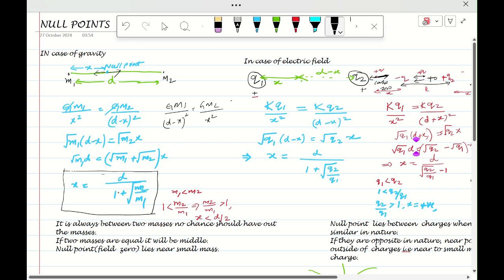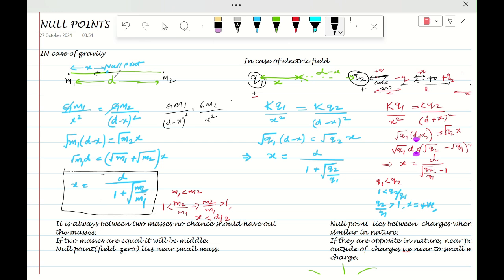So the formula is this one only, but here m1 by m2 and m2 by m1 vary. So this is the null point distance.